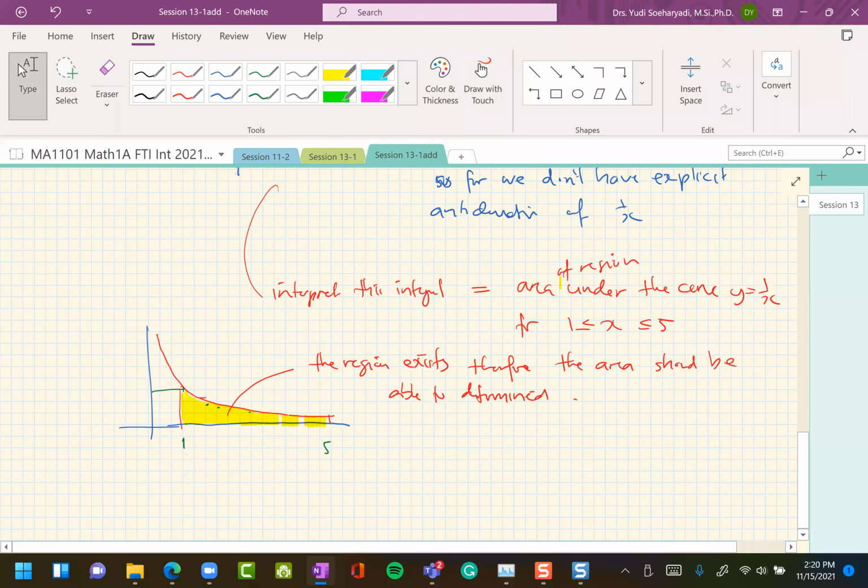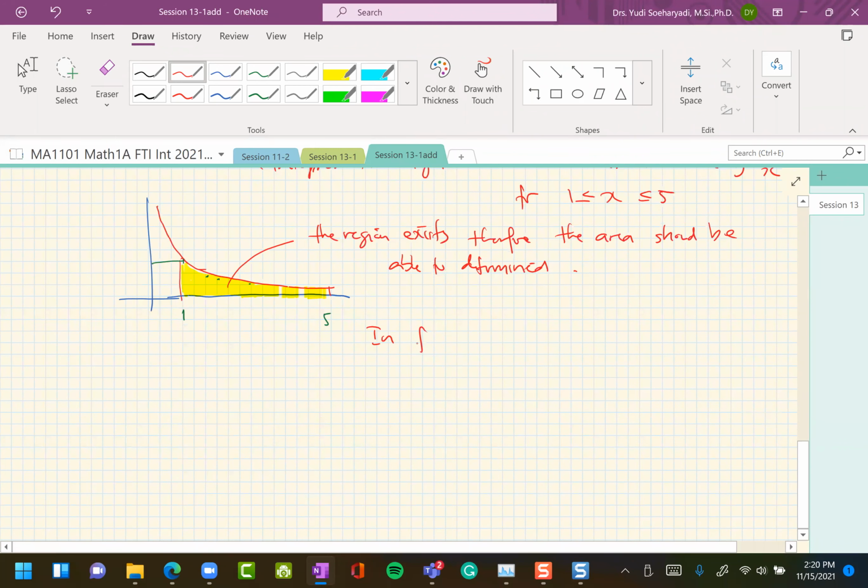In fact, this integral exists, as an area. So let's just make up these functions.